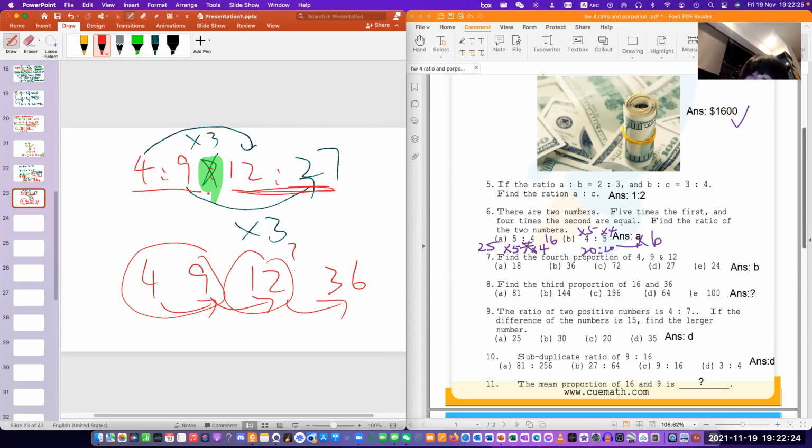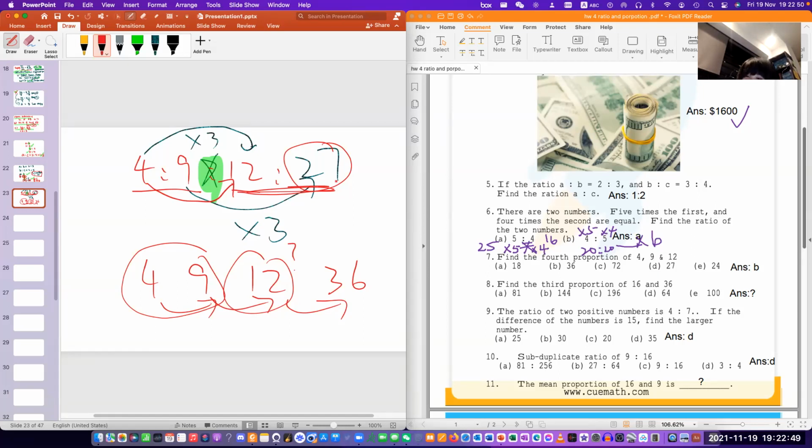And the n is dividing these two ratios. So I think the most likely answer in this case is 27, because you times 3 to get 12 from 4, and therefore the 9 you have to times 3 to get 27. So I guess the most likely answer for this is 27.